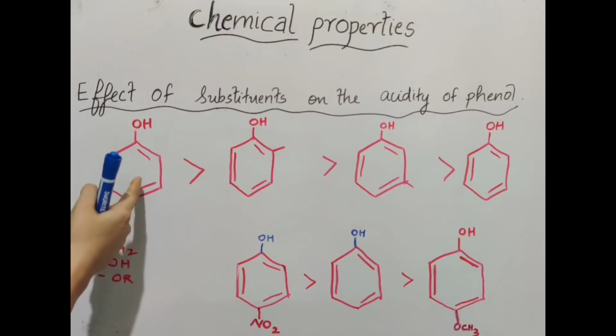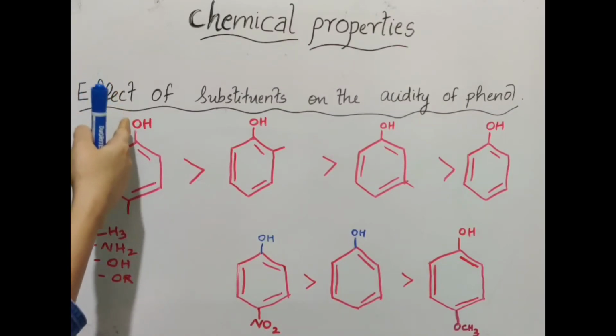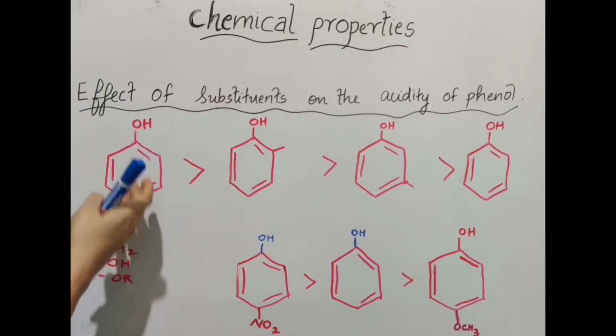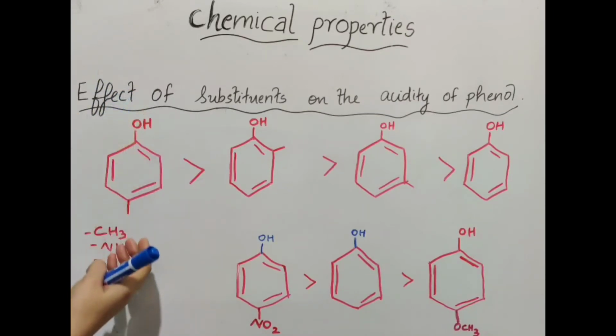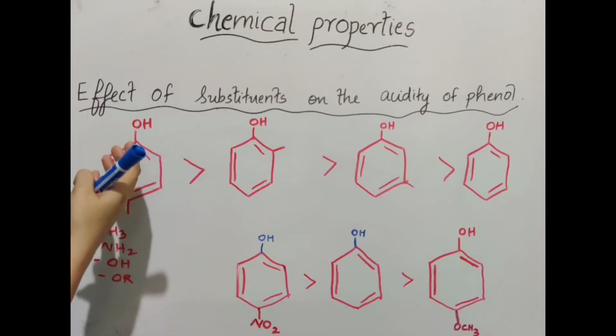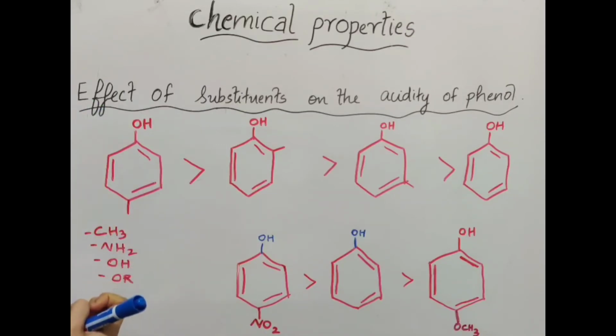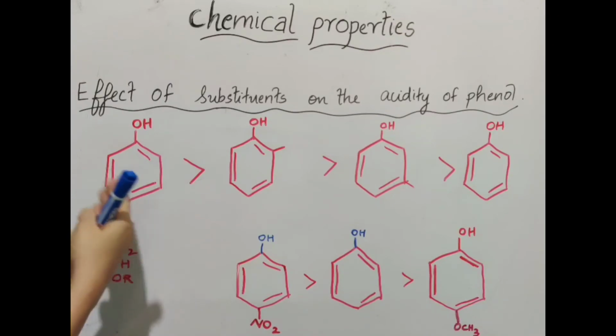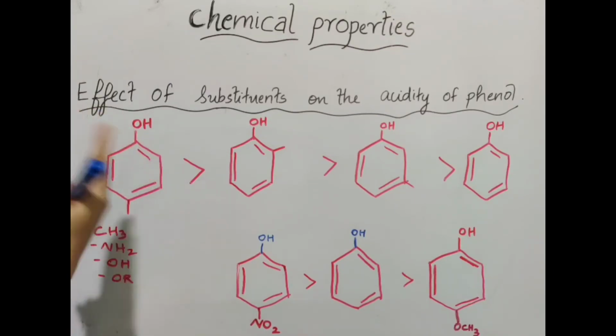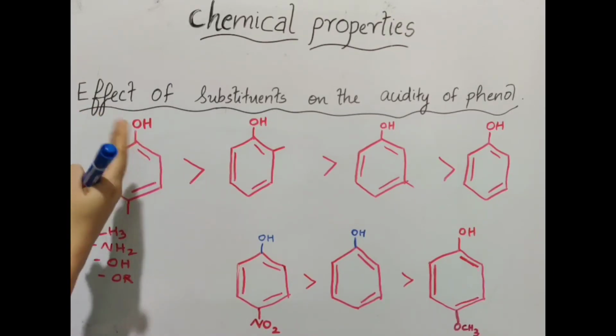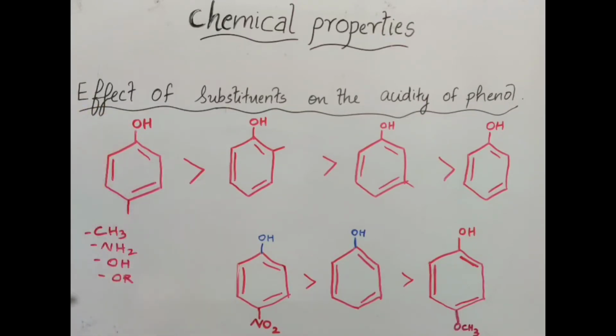It always destabilizes the phenoxide ion by intensifying the negative charge through electron release by positive mesomeric effect or resonance effect. We had already discussed what the positive mesomeric effect is, that is the effect of an electron releasing group. The presence of an electron releasing group as a substituent increases the electron density at the benzene ring.